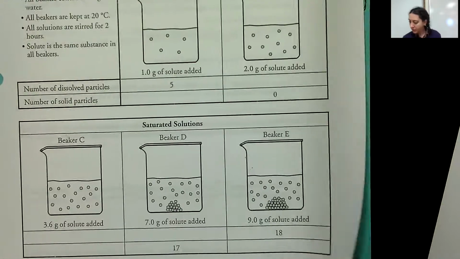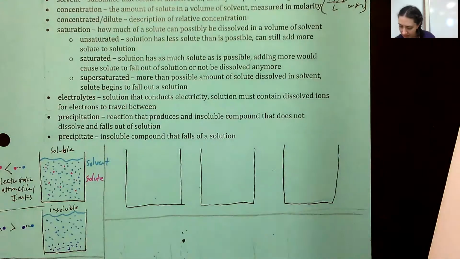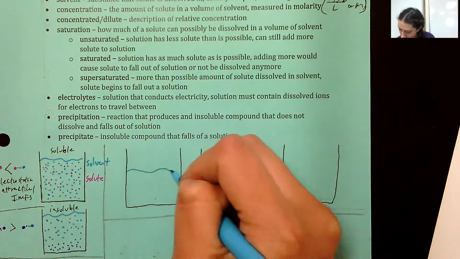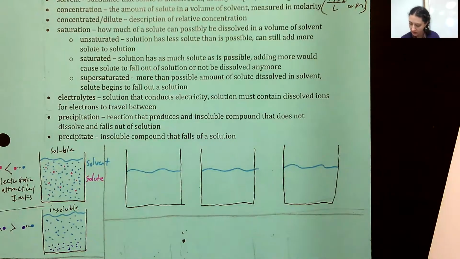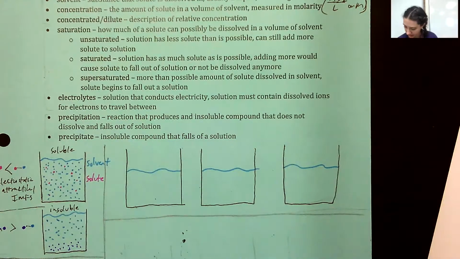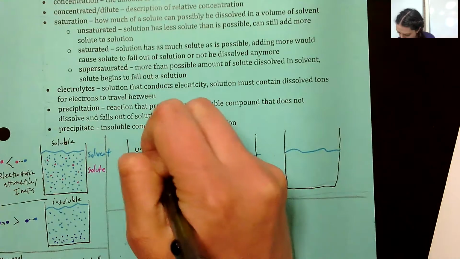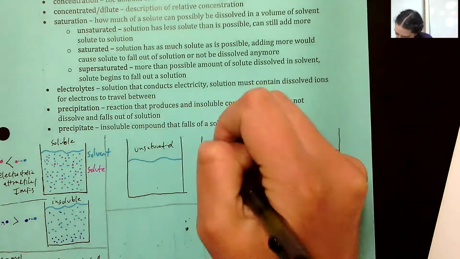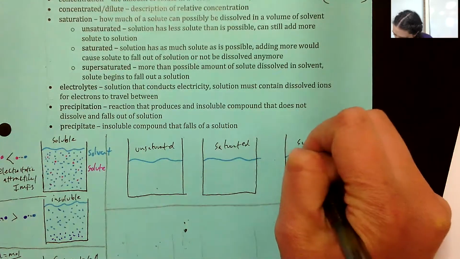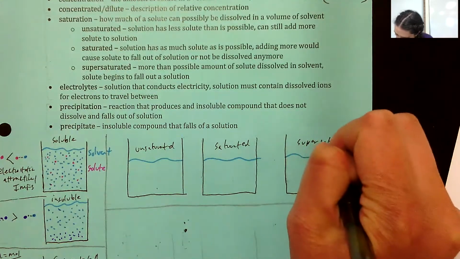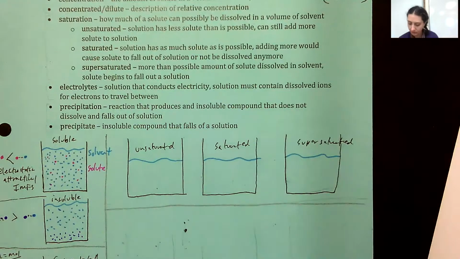So let's draw our own little picture of what that means. So I'm going to have 3 examples here. The wavy lines, as always, represent water. They're blue. So let's do unsaturated, saturated, and supersaturated. Okay.